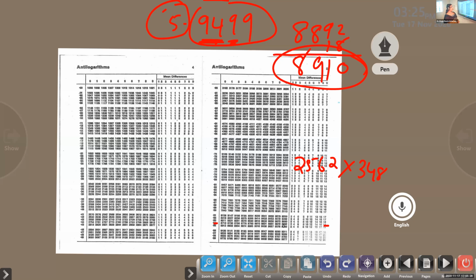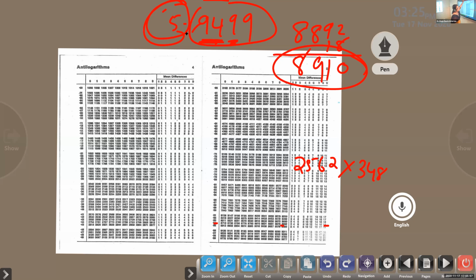Now we are not yet completed. What do we do with it? There are 5 digits, but we have only 4 digits. So in the final answer, you should get a number more than 5. This is only 4 digits. There is a 5 here, 5 point.